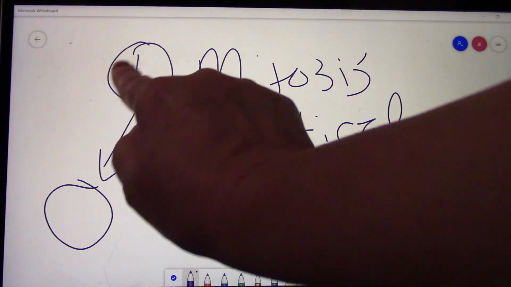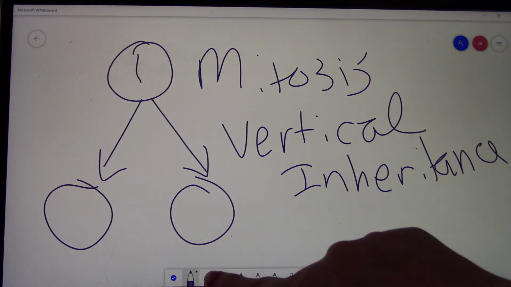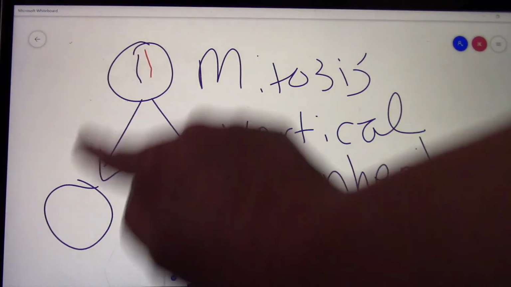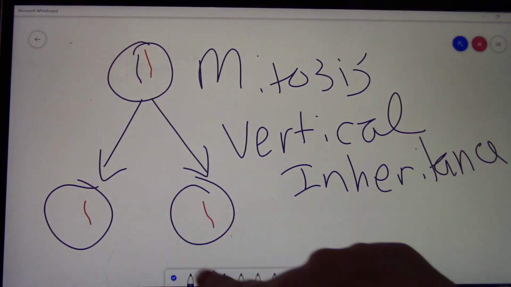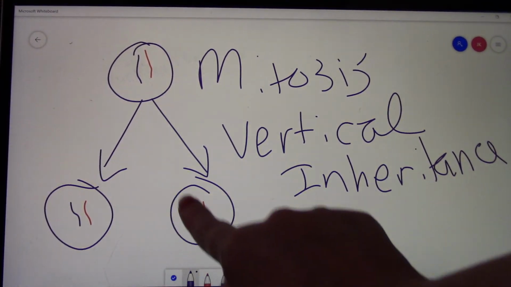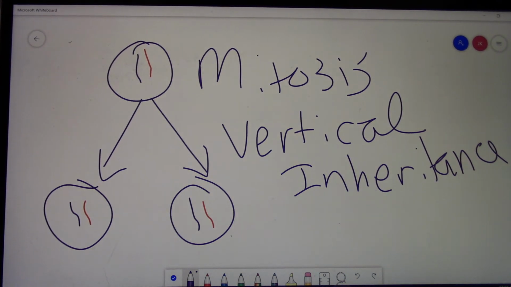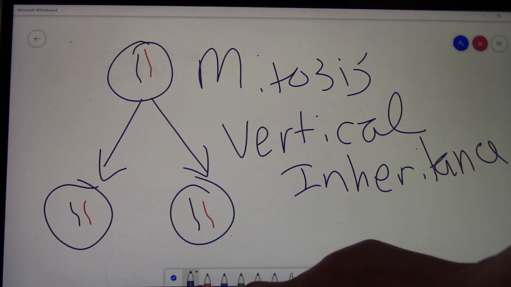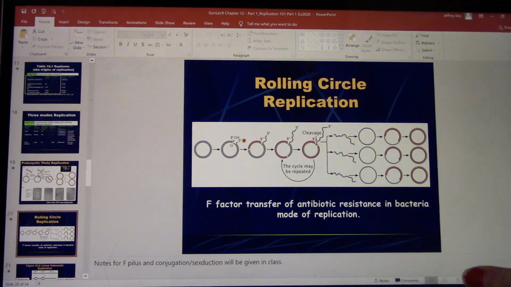Of course, that's with eukaryotes. And we're going to get identical daughter cells from our parent cell. All right, going back to the PowerPoint.